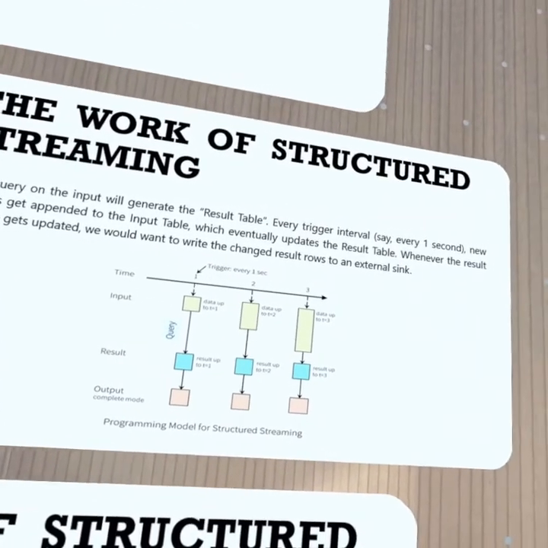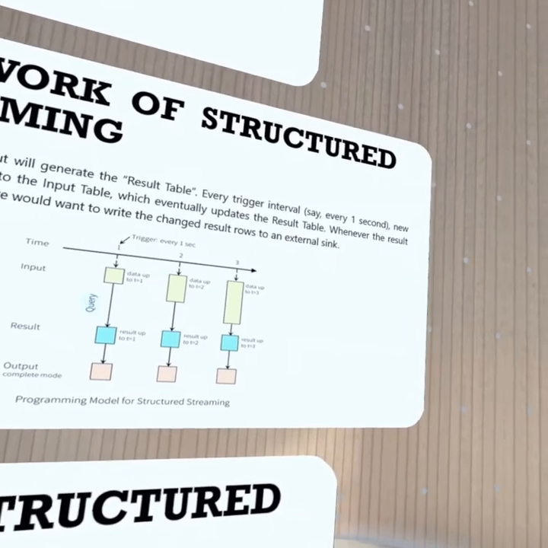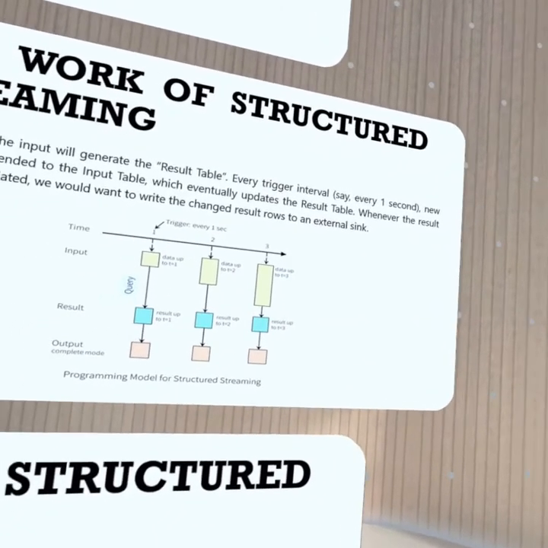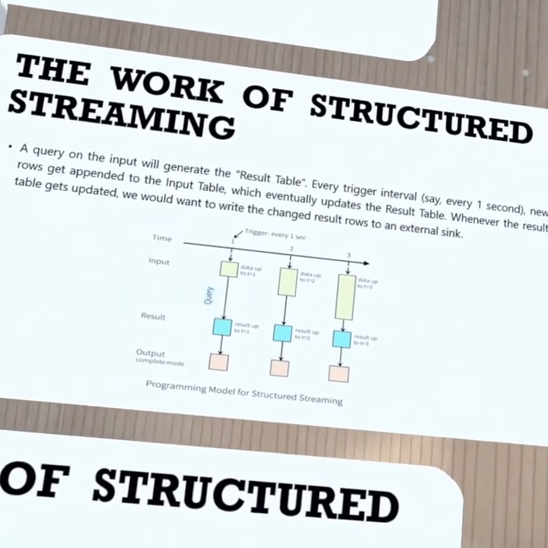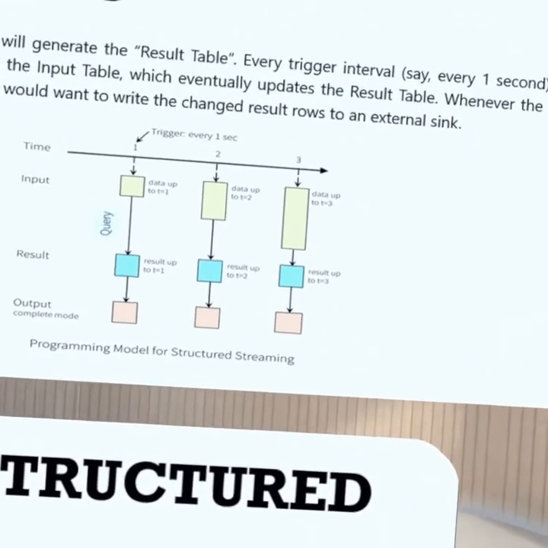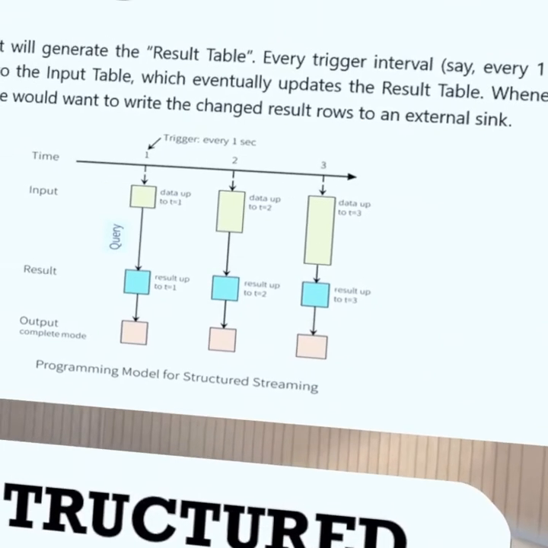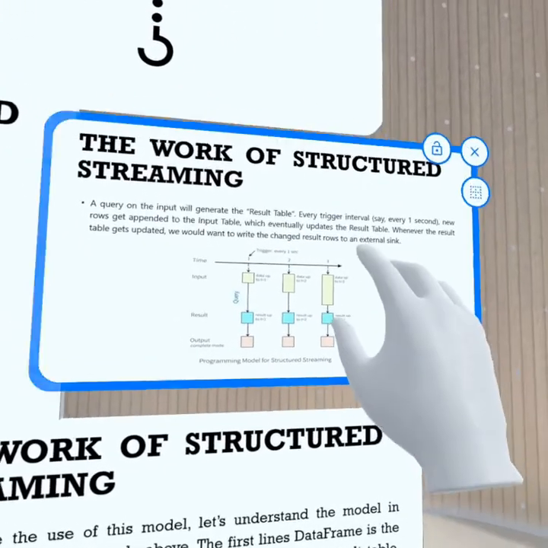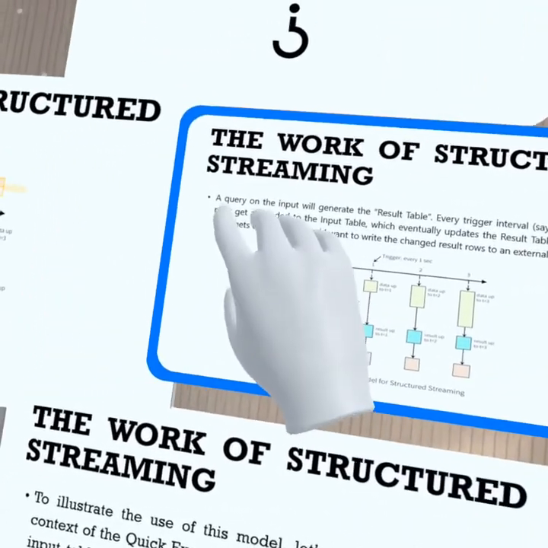A query on the input will generate the result table. Every trigger interval, say, every 1 second, new rows get appended to the input table, which eventually updates the result table. Whenever the result table gets updated, we would want to write the changed result rows to an external sink.